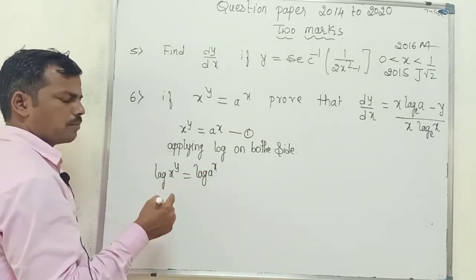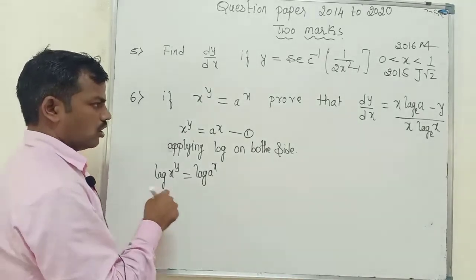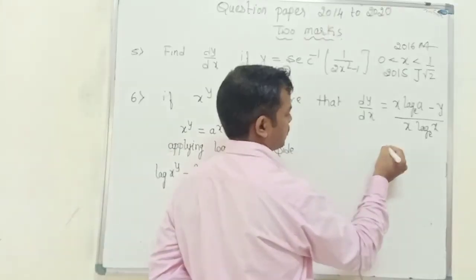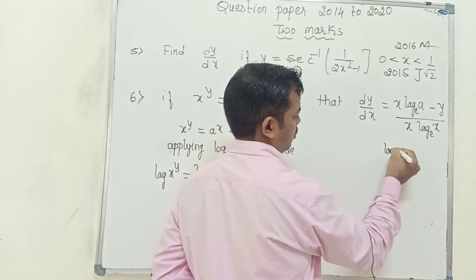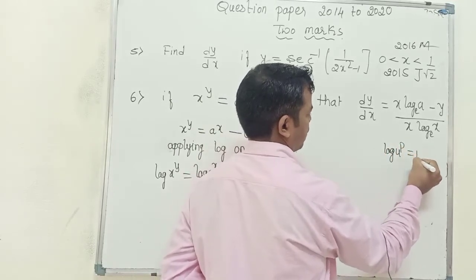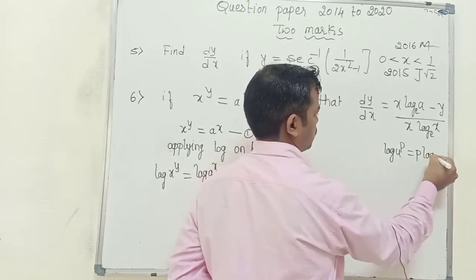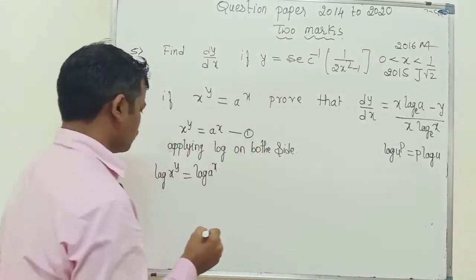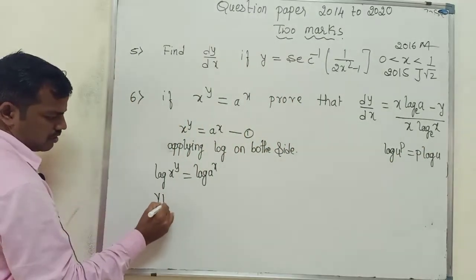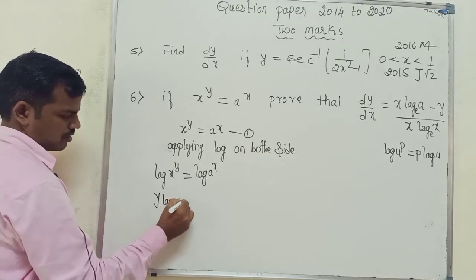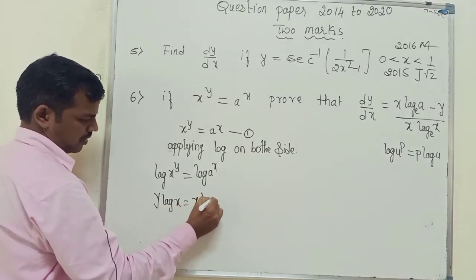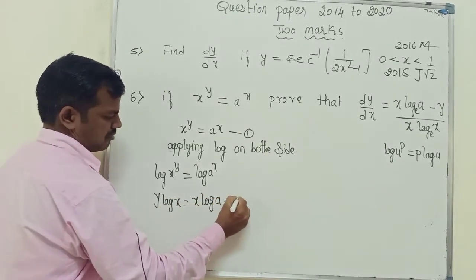So we know the properties of the logarithm. Log properties, log u raised to p is what? It is p log u. So then y log x is equal to x log a. Name it as 2.